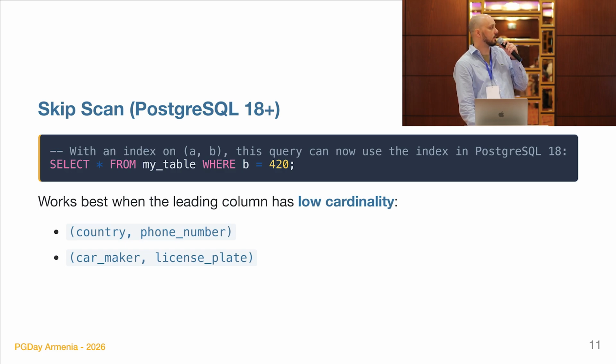It works best when the leading column has low cardinality. For example, countries, we have more or less 200, or car makers, also in systems we don't usually have many, so we have few distinct values, and it makes a good scenario for skip scan to be used.